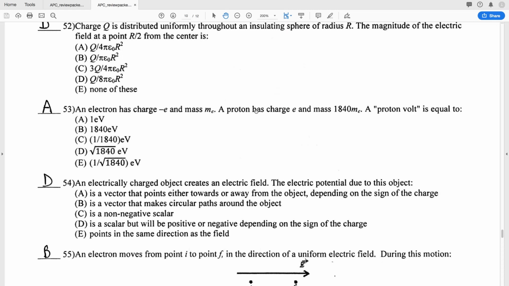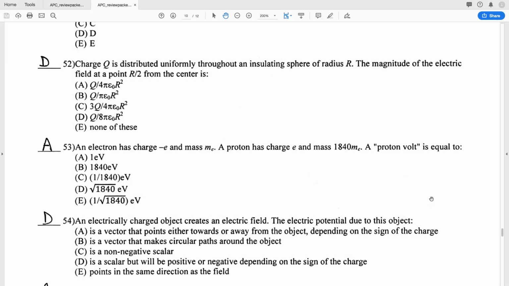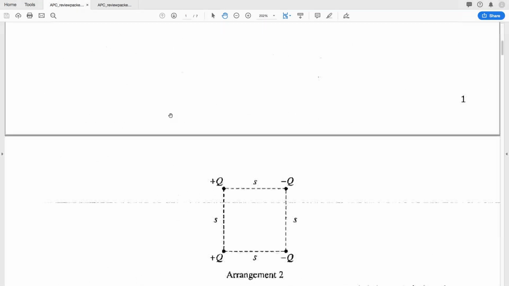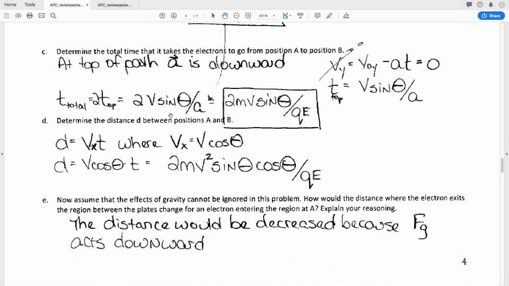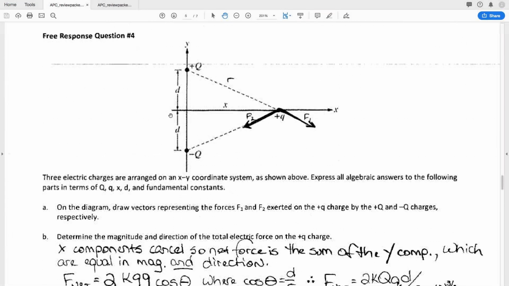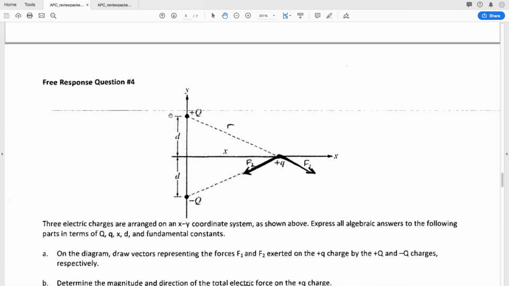Okay, and then I'm going to do Emil's question on FRQ number 4, and then I'll go back to Jill's question on surface charge density. All right.